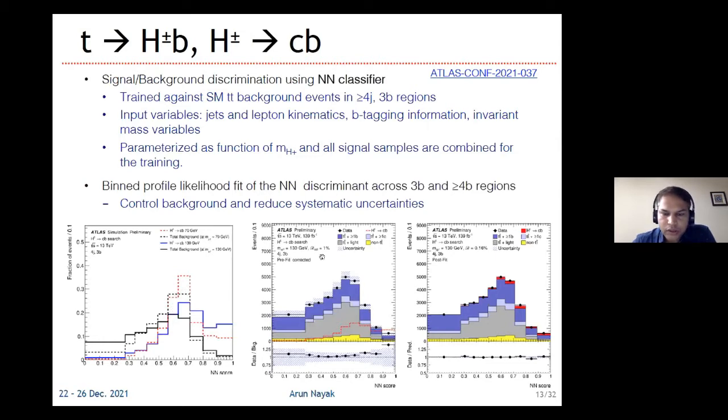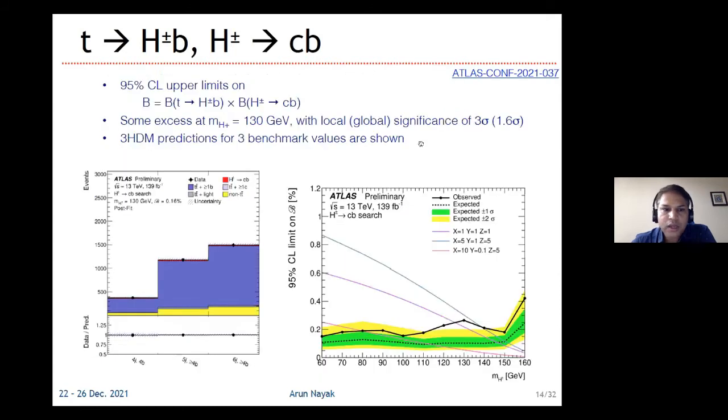And here you see the same distribution with the data and the different components of the background and the signal. So this is for the prefit. You can see the data is slightly higher than the background, but within the uncertainty range. And then this is for the post-fit distributions. And again, you obtain the upper limits. Here it shows the number of events obtained in different categories, from the 4-jet, 5-jet, and 6-jet categories.